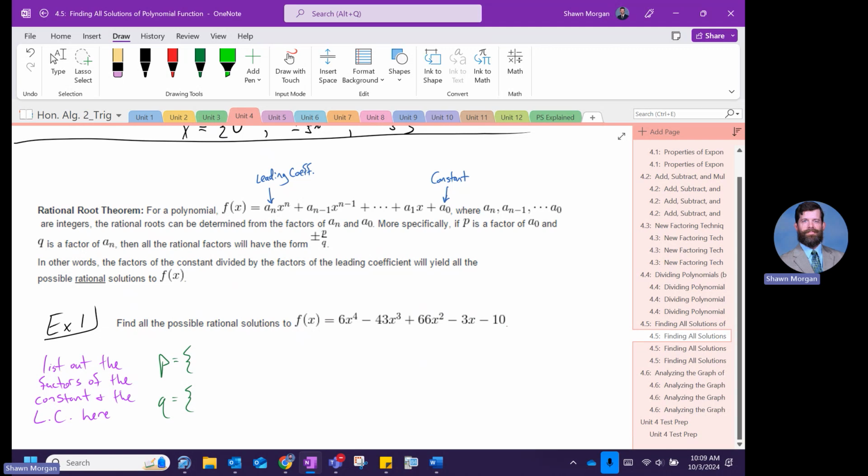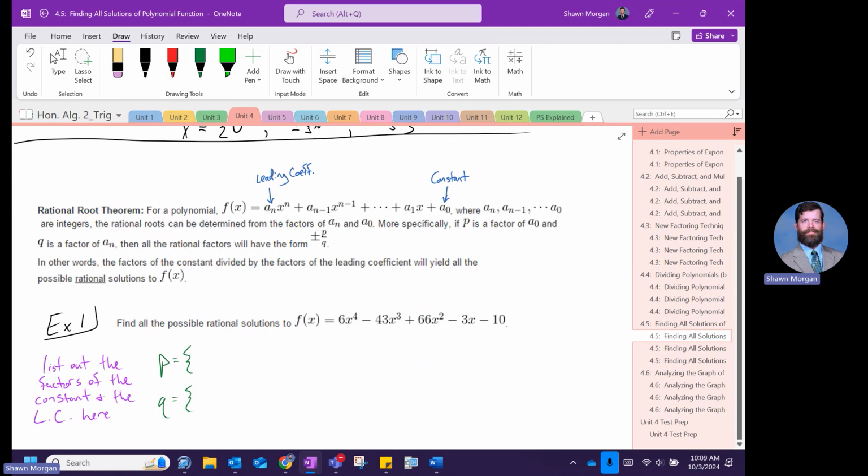So a rational root is a root that can be expressed as a ratio of integers. In other words, it's a terminating or repeating decimal, a nice fraction or integer. It's not complex and it's not irrational. So no square root of 2s, no i's, nothing like that. The rational root theorem says that we can focus in on 2 things.